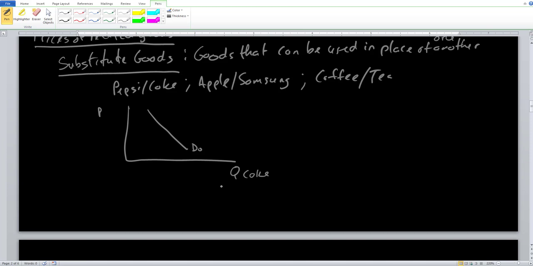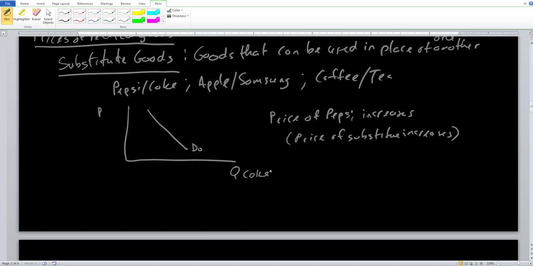And once again, let's see what happens when we change the price of the substitute good. So what happens, do you think, if the price of Pepsi increases? In this instance, this is the specific shock to this example, but in general, we can say that the price of a substitute good increases.